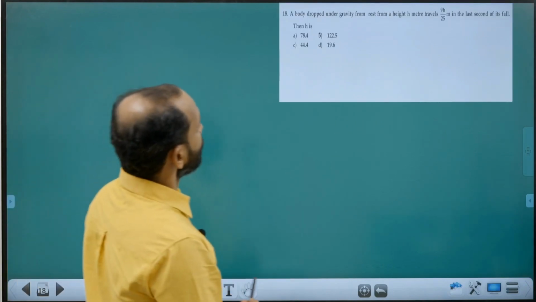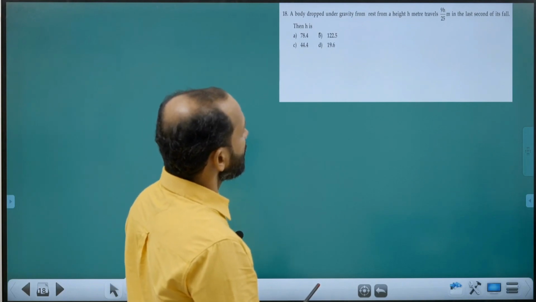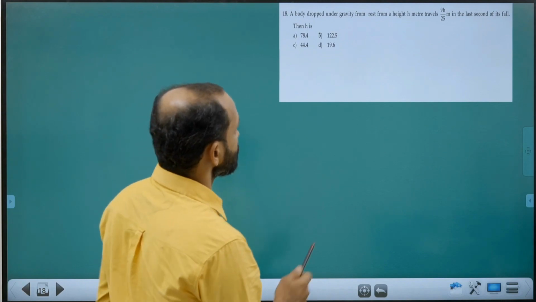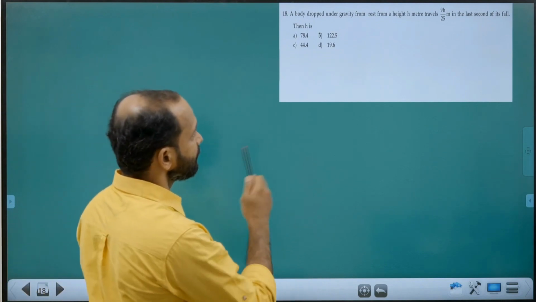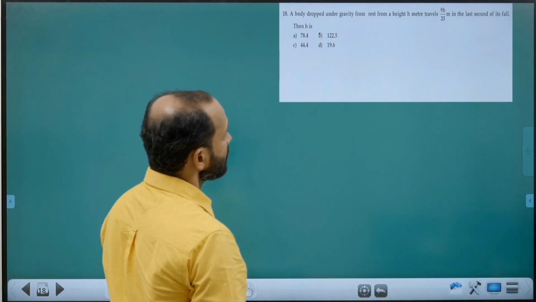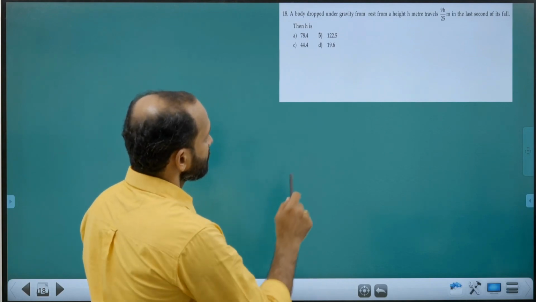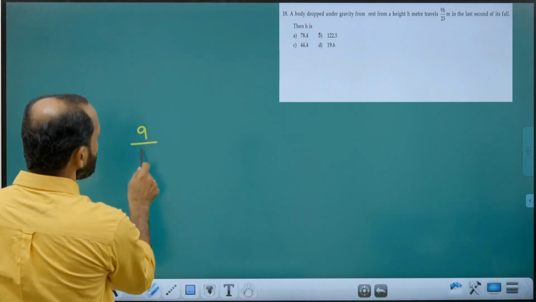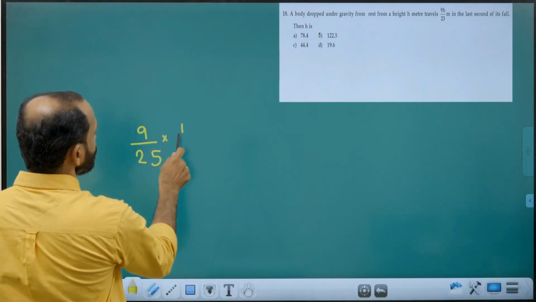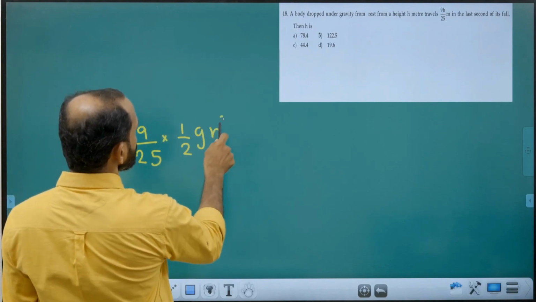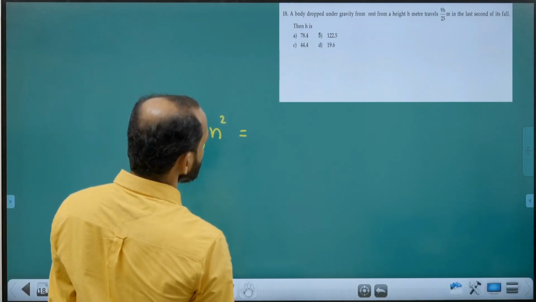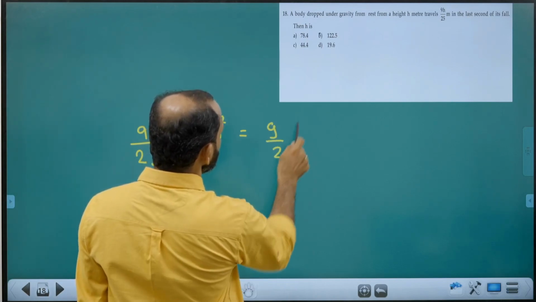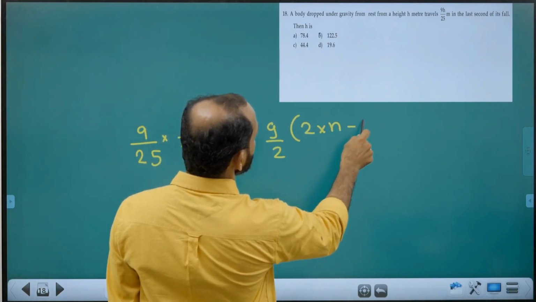Next one. Body dropped under gravity from rest from the height h meter travels 9h by 25 meter in the last second of its motion. Once again, doing the same as we practiced before, using those formulae. That is 9 by 25 into half g n square is equal to, okay, u is 0, g by 2 into 2n minus 1.